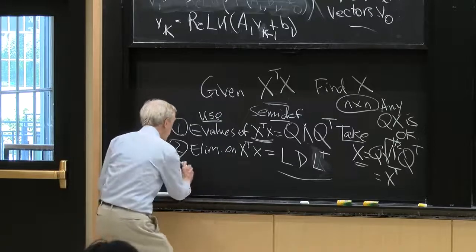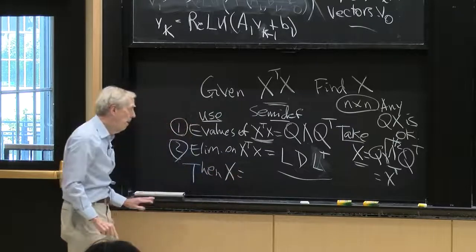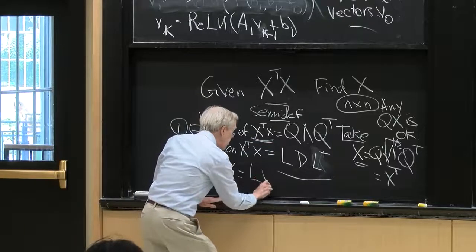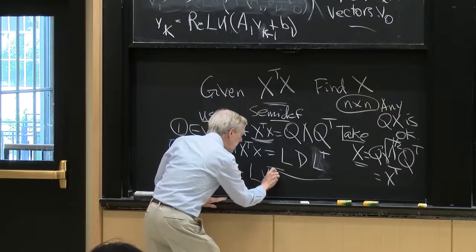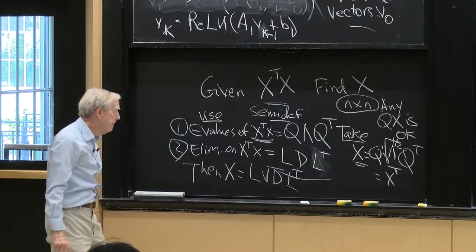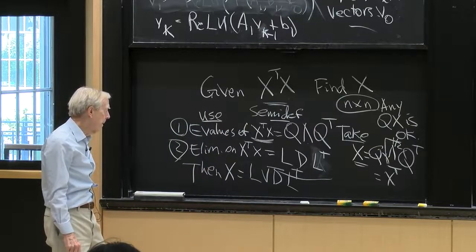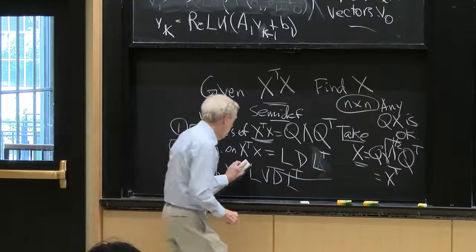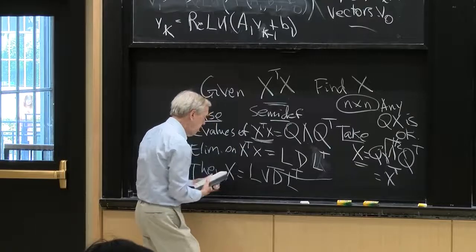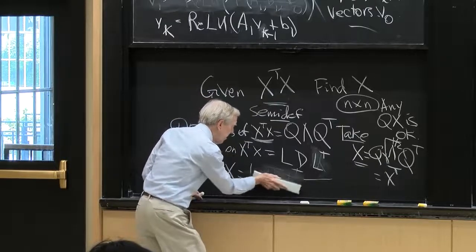So now what's the X? I'll use L square root of D L transpose. Is that right? Ooh, wait a minute. No, that's not going to work because I don't have L transpose L where I had Q transpose Q, which was good. No, sorry. Let's get that totally erased.